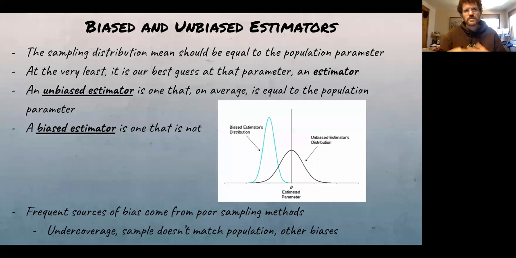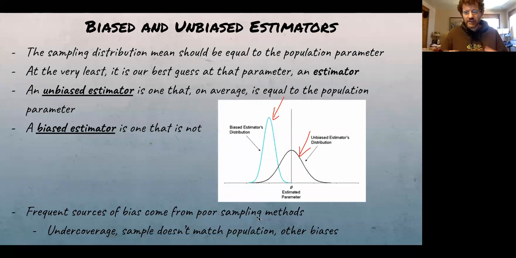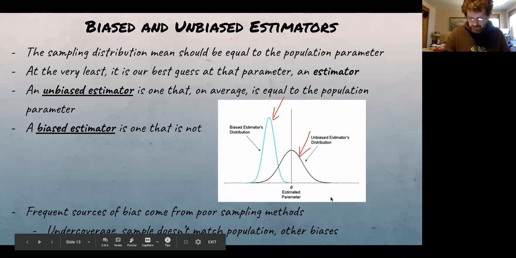So if we were trying to find the average speed of an adult, let's say, and we only picked people on high school, college track teams, then of course we're going to get speeds that are way lower than the true average speed for a human. All right, it might not be the best example in the world, but you can get it. So make sure that the sampling frame that you're sampling from matches the population as close as possible.